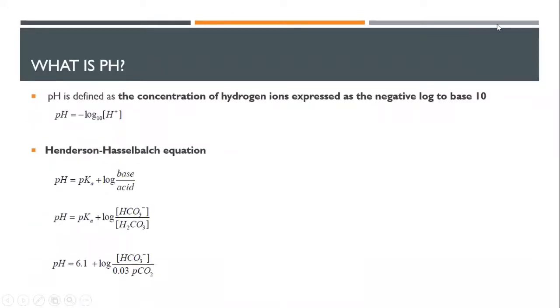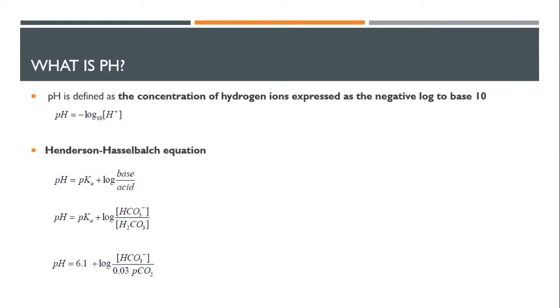So what exactly is pH, and why do we talk about it? pH is related to the concentration of hydrogen ions in your body. And when you look at the concentration of hydrogen ions, it's a minuscule number. It's a times 10 to the minus 7 number, and that becomes really difficult to understand and interpret in clinical scenarios, and it's difficult for us to discuss it in a meaningful way.